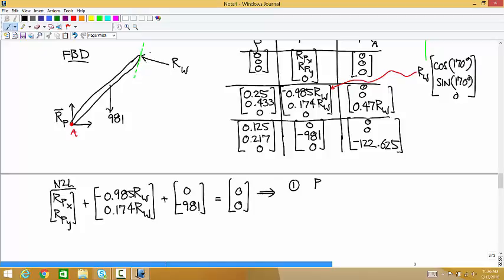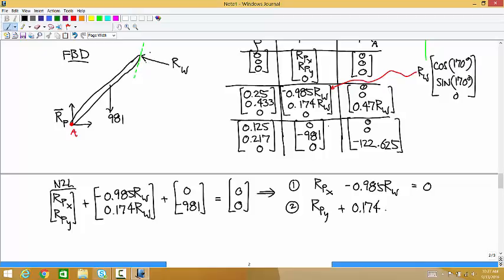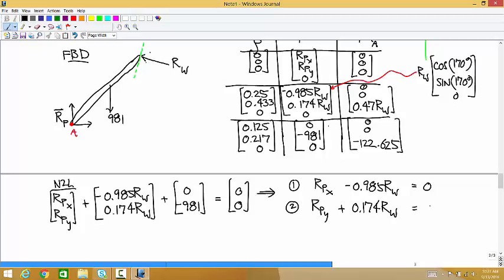The first one says RPX minus 0.985 RW is equal to 0. And the second one says RPY plus 0.174 RW is equal to positive 981. We can't solve those yet because there's three variables in there, but we will be able to after we do the rotational equation.